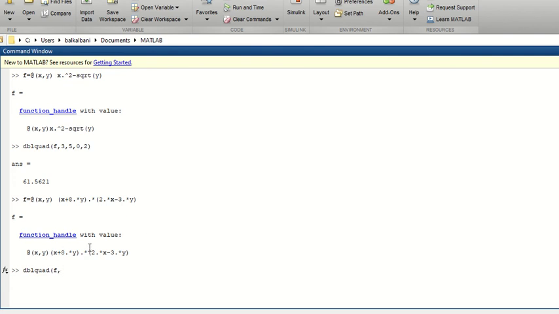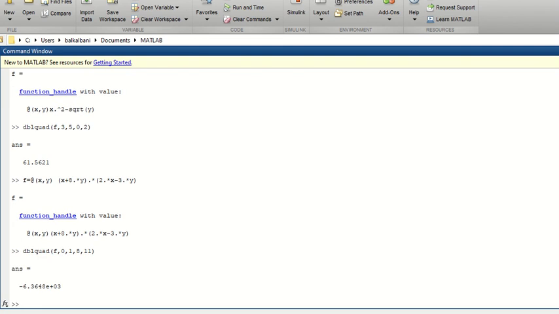If you ask me why we add dot: if it is more complicated and there are many multiplication signs, MATLAB will not understand the multiplication, so it needs the dot to let the function stop. Now from f comma 0 to 1 and from 8 to 11, enter. So we'll get this value.